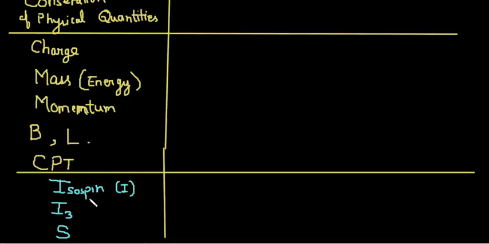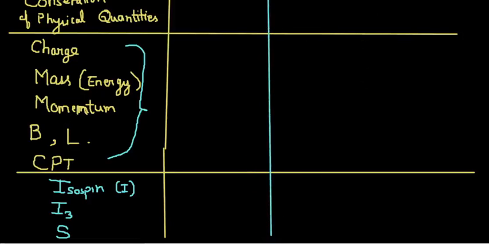Now these physical quantities are exact conservation, so they have to be conserved in all possible interactions. We are going to talk about three interactions.